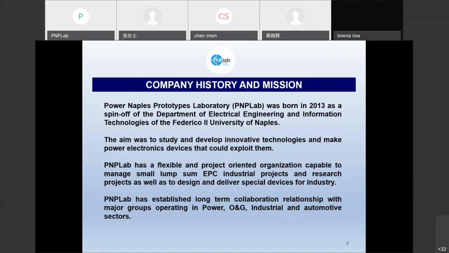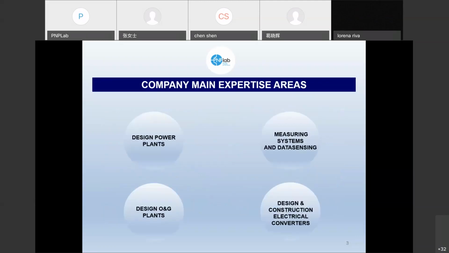The company has established a long-term collaboration relationship with major groups operating mainly in power, oil and gas, industrial and automotive sectors. So the company's main expertise areas are design of power plants and oil and gas plants, measuring systems and data sensing, and the design and construction of electrical converters.